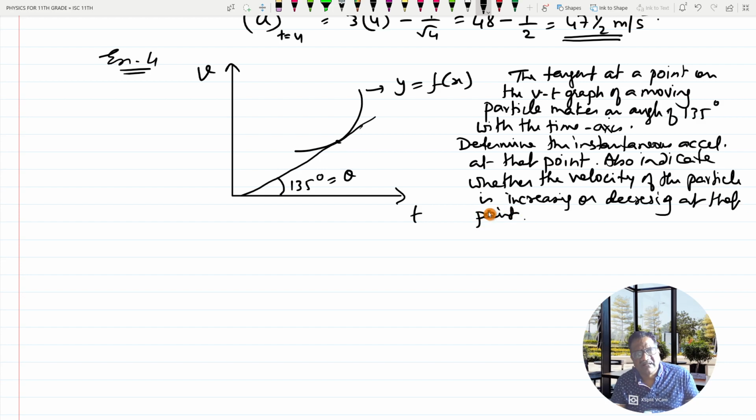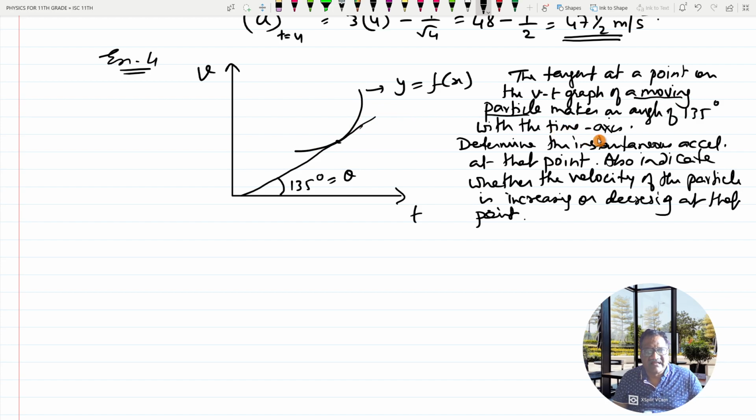Okay. Now let us interpret this question. So a velocity time graph I have already drawn here. And suppose this is representing that function y is equal to f of x. This is the graph of a particle which is moving. So the moving particle has this graph.